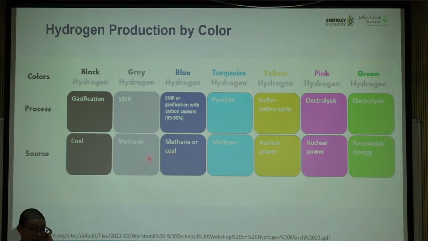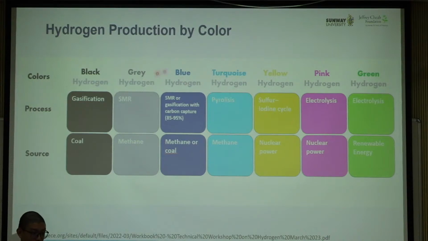Just now I mentioned that currently 90 to 95% of hydrogen production is from coal and natural gas using gasification and steam reforming. Steam reforming accounts for around 70% of total hydrogen production, which is not really clean. We name it gray hydrogen. But as the technology improved, people found that hydrogen production produces a lot of CO2.